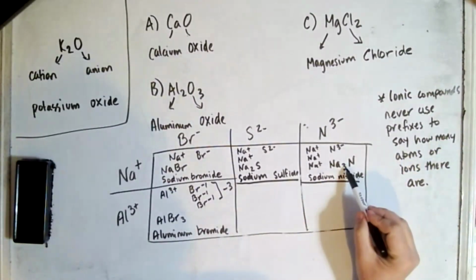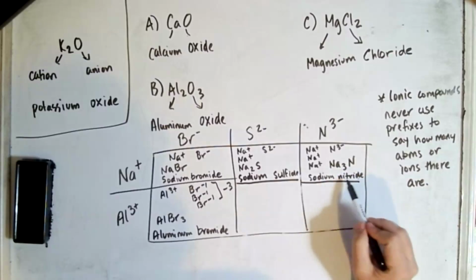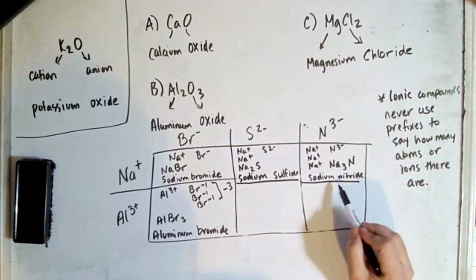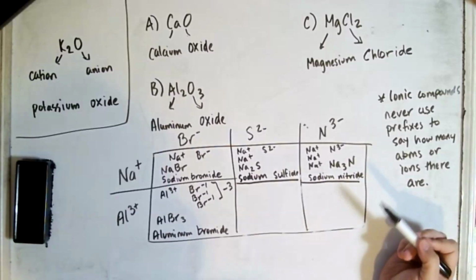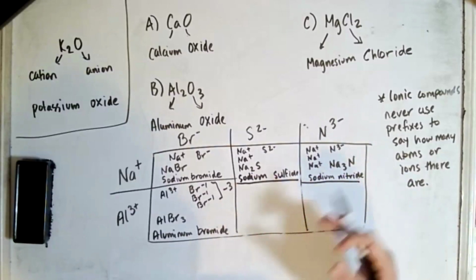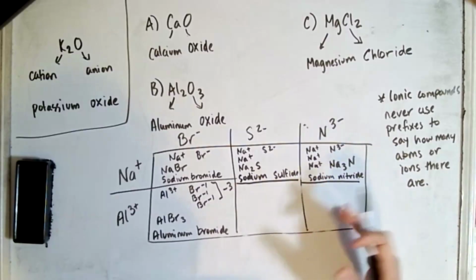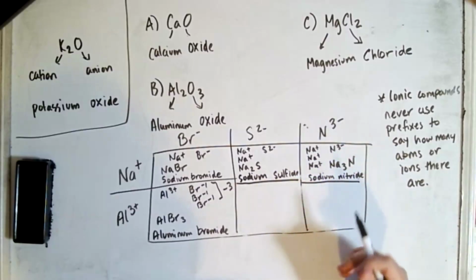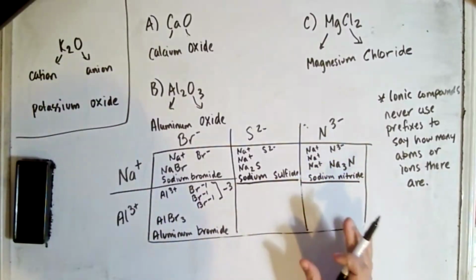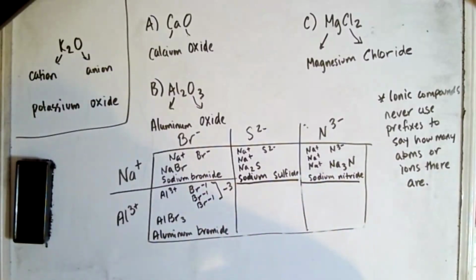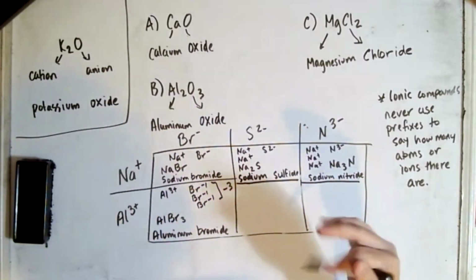So you'll notice that even if I have 3 sodiums, there's no 3 anywhere in this name. And that's always true for ionic compounds. You never use any kind of prefix to tell you how many different things are present. Keep that in mind when you're looking at the names and when you're trying to name them yourself and when you're trying to pick out the correct names.